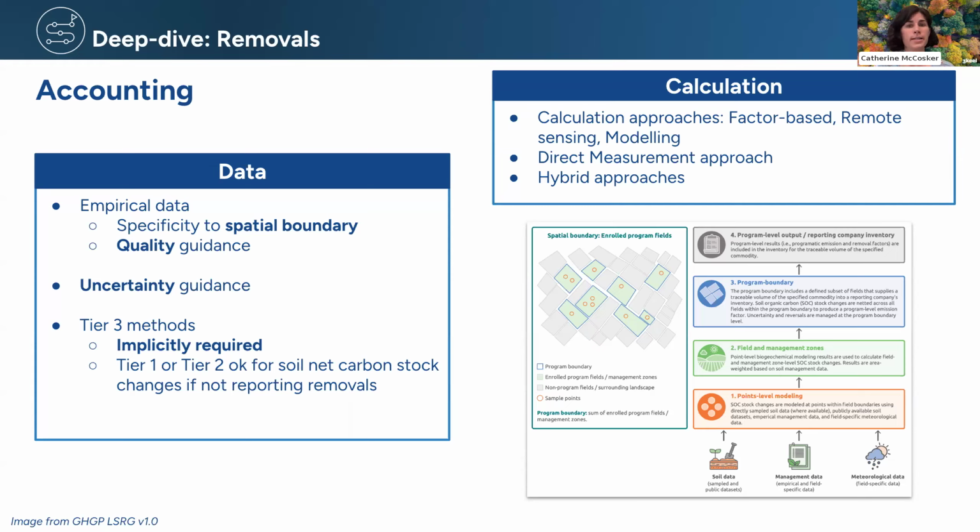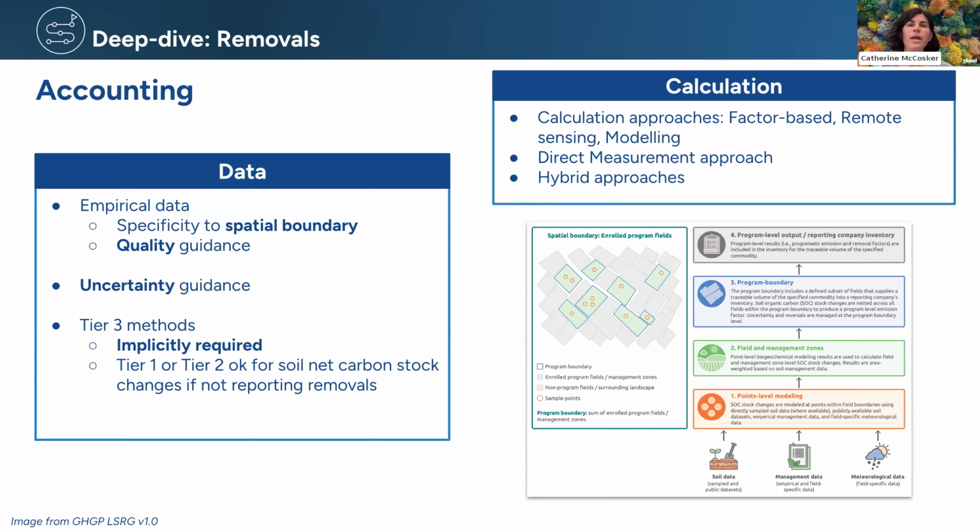It will call out in its examples when a certain tool or method is likely to be tier 1 or tier 2 as a cautionary watch out. If you're wanting to report removals, these are going to be less acceptable. And they also specify that tier 1 and tier 2 methodologies are acceptable if you're only looking to report net soil carbon stock changes, maybe zero out your emissions and not actually report removals, then the bar is a bit lower.